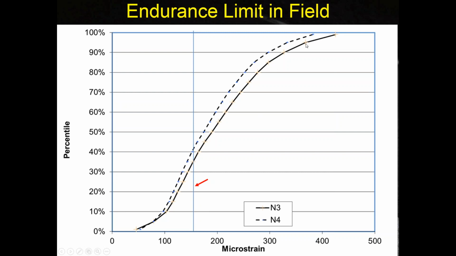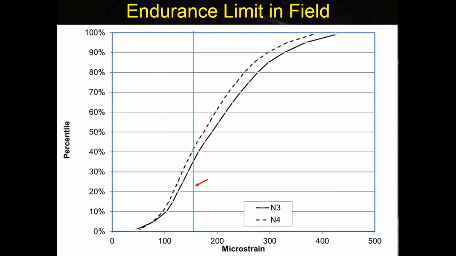The two curves there correspond to the measured strain levels in the field in those test sections, and these sections were shown to be perpetual. They never developed bottom-up cracking after 30 million ESALs, and we finally took them out of service.